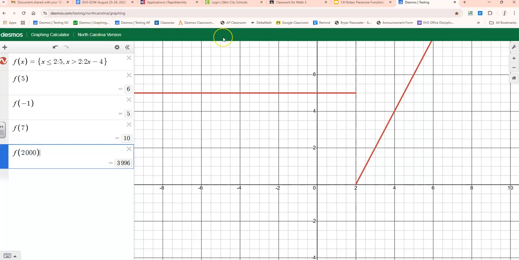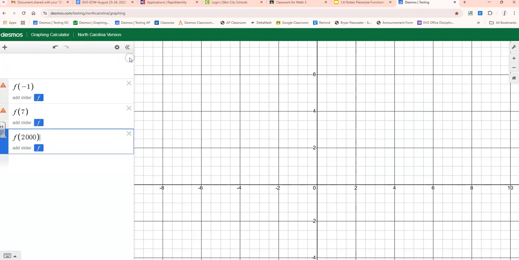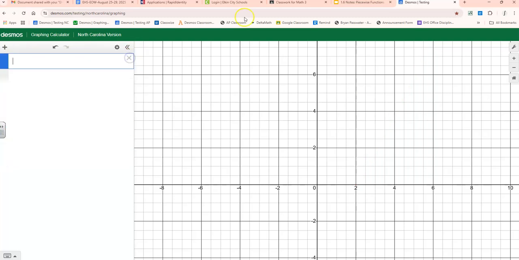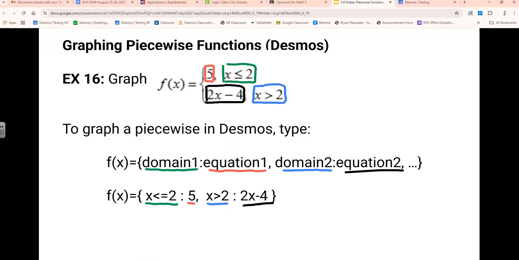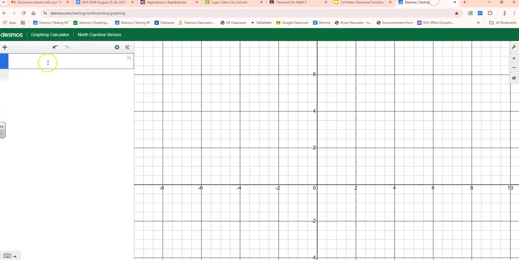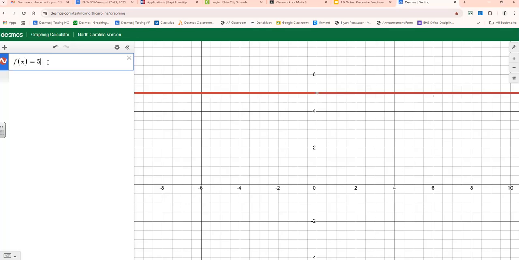Let me show you another option because I know this is not the easiest to type in. Another option that you have here, it will not evaluate for you if you do it this way. But you can do f of x equals 5, squiggly brackets, x is less than or equal to 2.